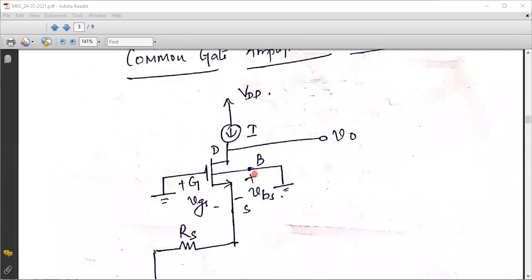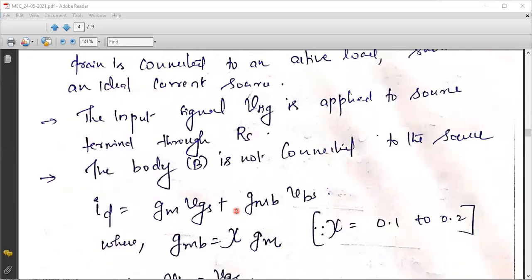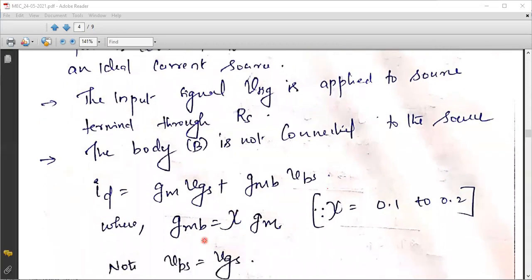So we have a voltage across body and source, that is VBS, which will also contribute towards our drain current ID. So the signal current or the AC drain current can be expressed as GM-VGS plus GMB into VBS, where GMB is the transconductance due to the body effect. Already we have discussed, same thing I'm again telling, GMB is chi into GM. The value of chi will range from 0.1 to 0.2.